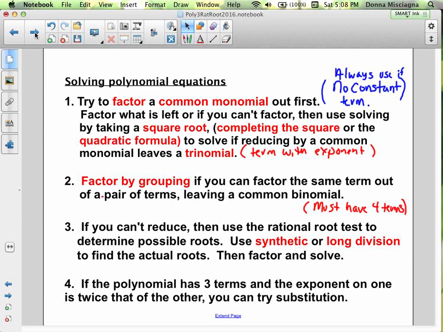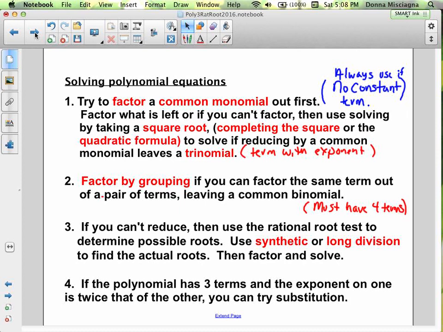If reducing by a common monomial leaves a term with an exponent, we're going to have to do some more work to solve for that variable. We can also use factor by grouping if we can factor the same term out of a pair of terms, leaving a common binomial. But remember, we must have four terms to use that technique.